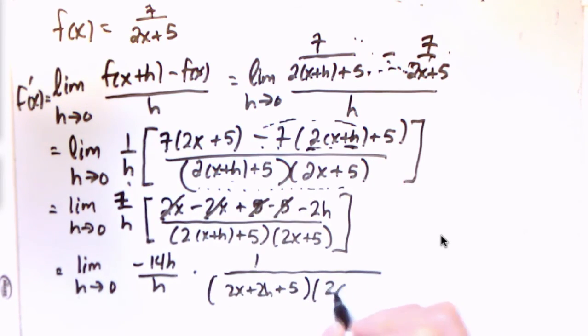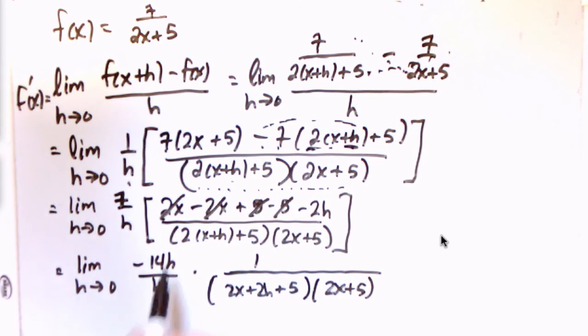We switch some things around and switch their locations, but hopefully that's not a problem. A fraction times a fraction, I multiply the numerators so I can associate these quantities however I like: minus 14h times 1, or 1 times minus 14h, or 7 times minus 2, whatever.